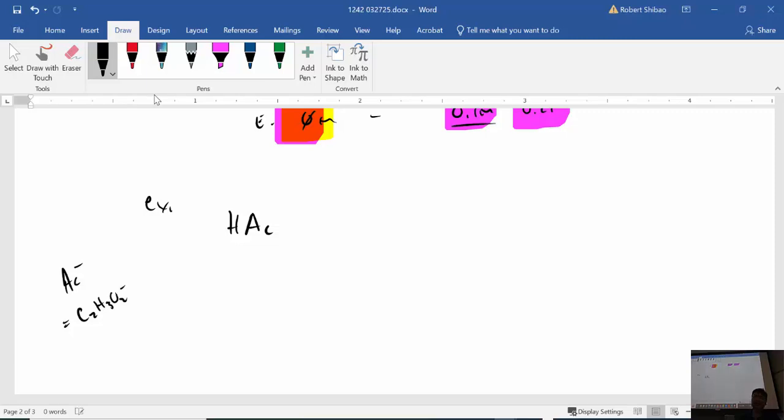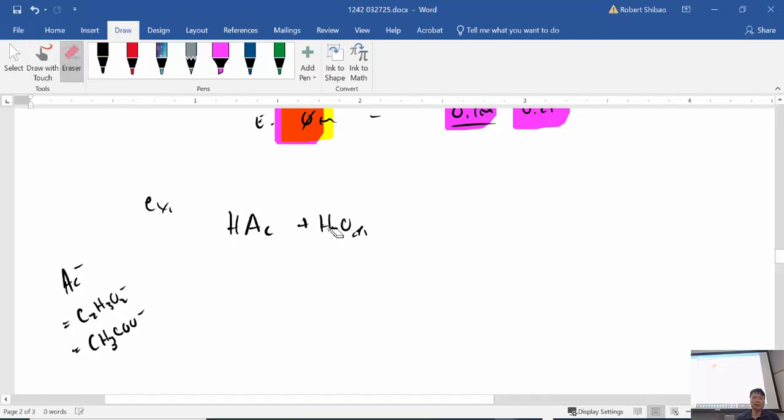C2H3O2 minus, or what's the other way of writing acetate? The condensed structural formula. CH3COO minus. I don't want to write either of those, so I'm just going to write HAc plus water. Oh no, I'm jumping ahead, sorry. HAc and sodium acetate.